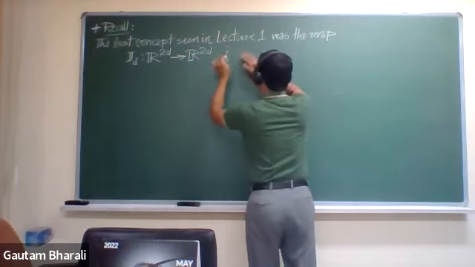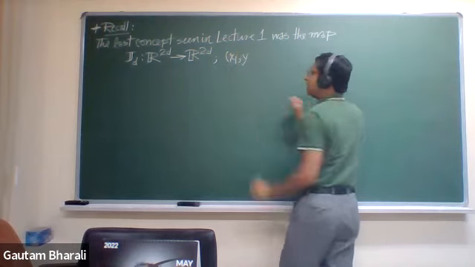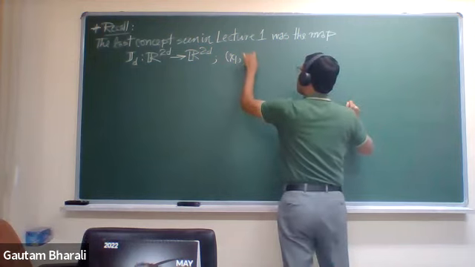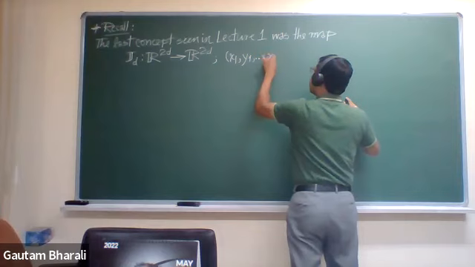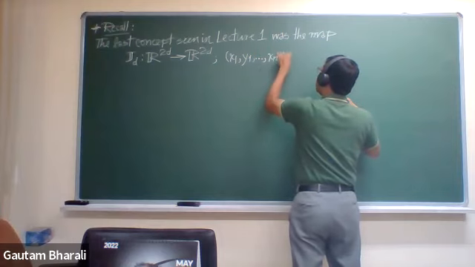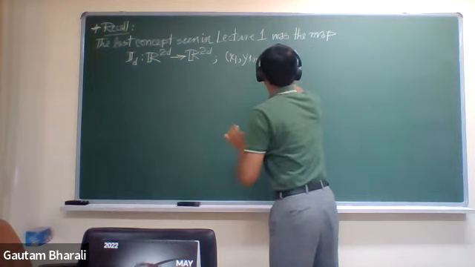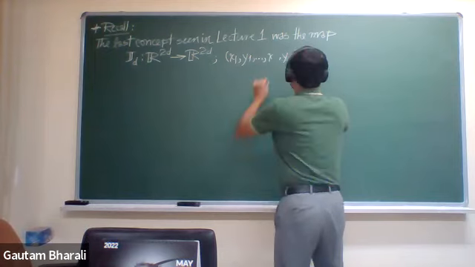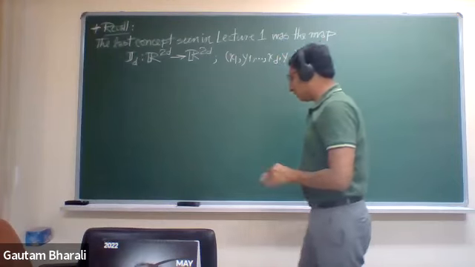It takes a vector which I label as x1, y1, dot, dot, dot, xD, yD. I wrote n earlier, but my domain vector space is R^2D, so it should be xD, yD.